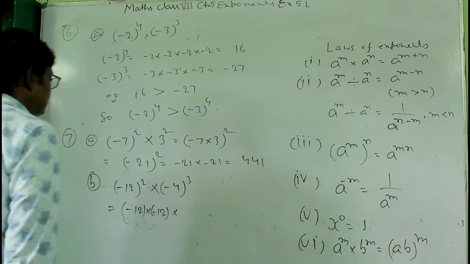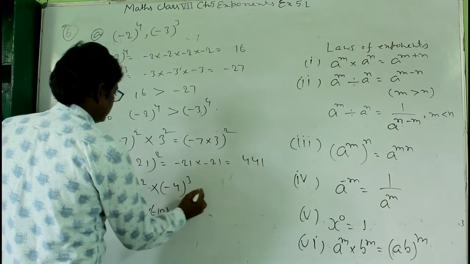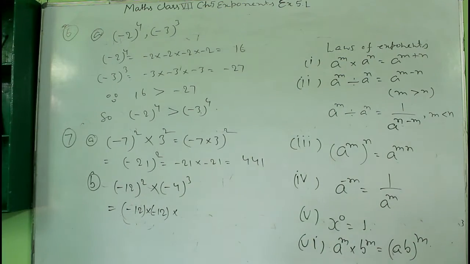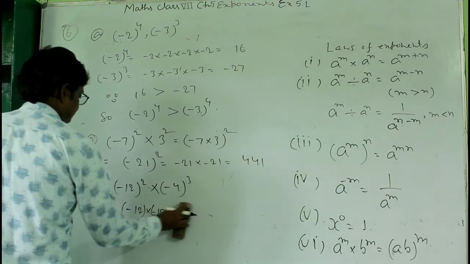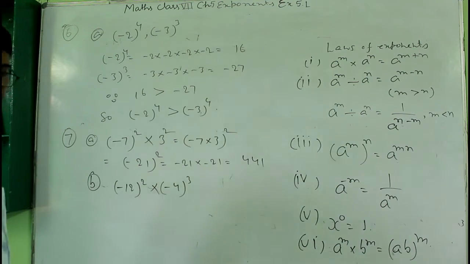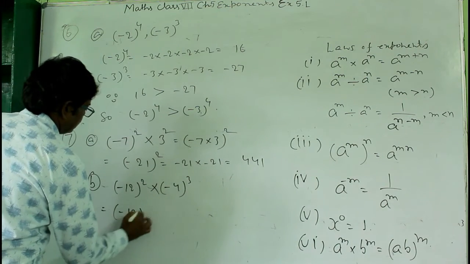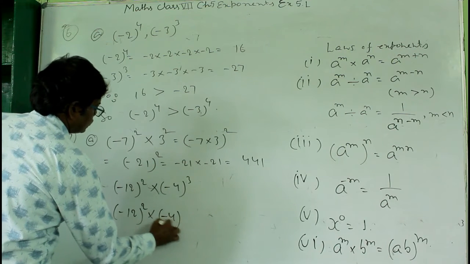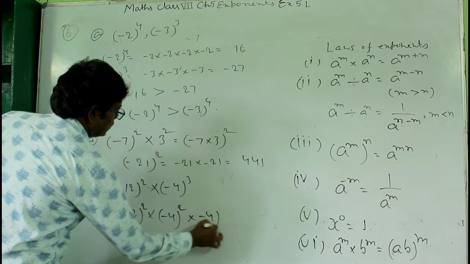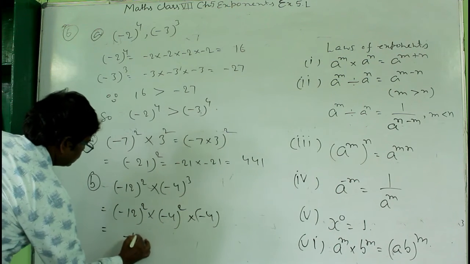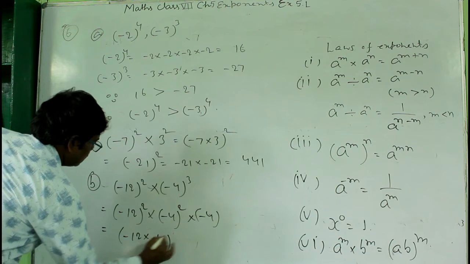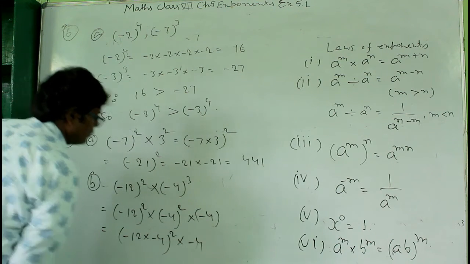So it will be larger. If you write it as minus 12 square into minus 4 square into minus 4, then you can write minus 12 into minus 4 square into minus 4.